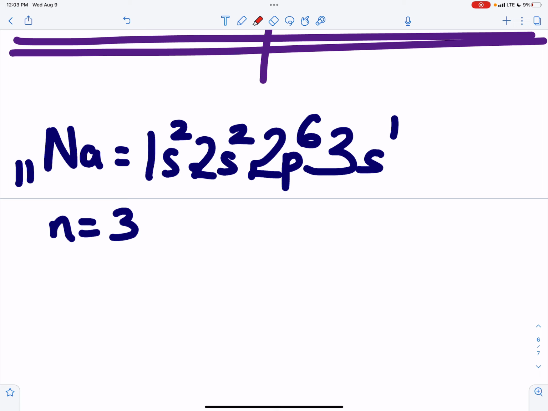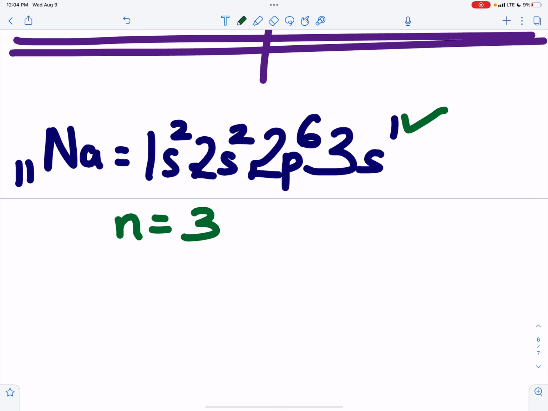So its principal quantum number value will be what? 3. So N is equal to 3 for this electron. That's the shell it belongs to. Do you understand? 3 means that the electron is present in the 3rd shell.